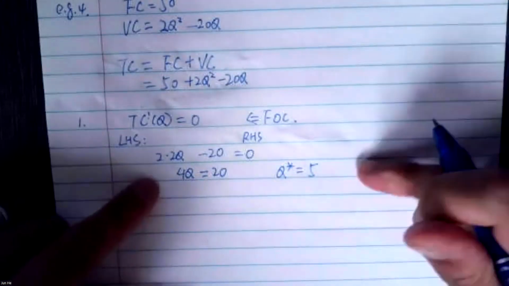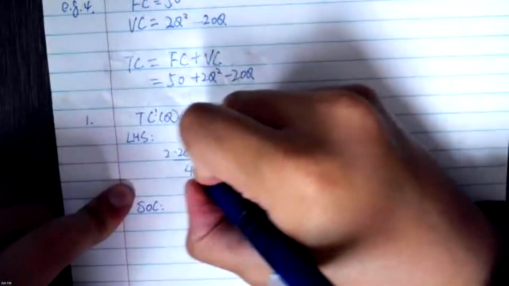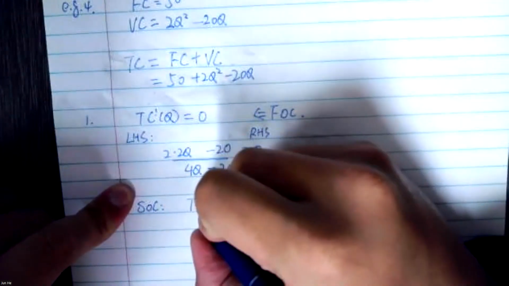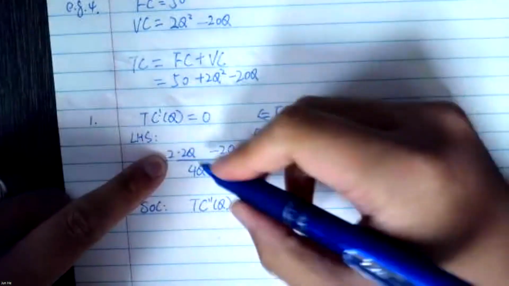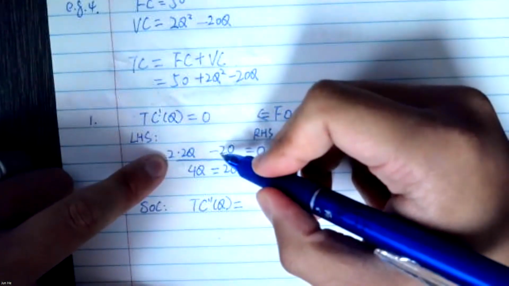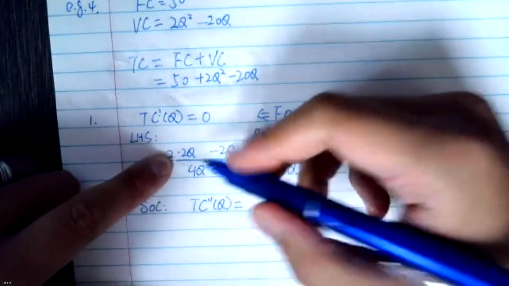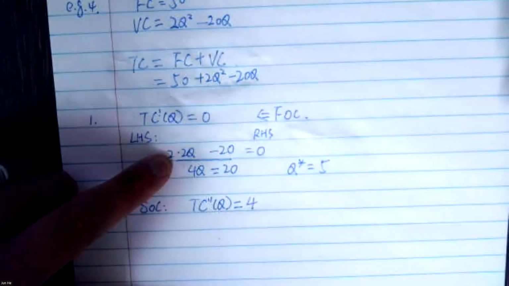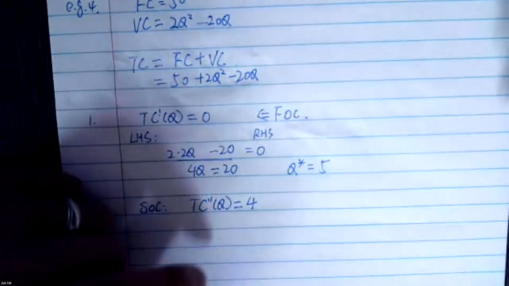So this is a stationary point. Then we need to go to the second step, which is to check the second order condition. The second order derivative is now you take another derivative of the first order derivative, right? So here that is 4, and minus 20's derivative is 0, disregard.